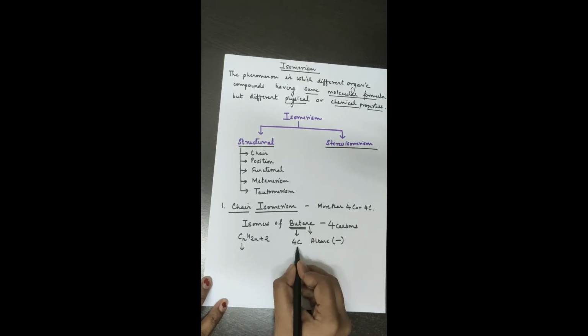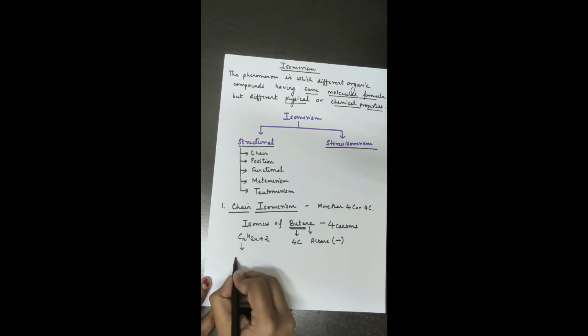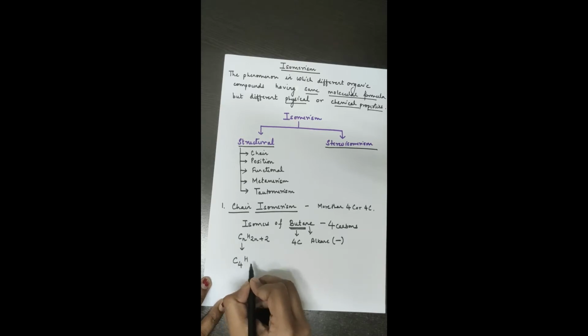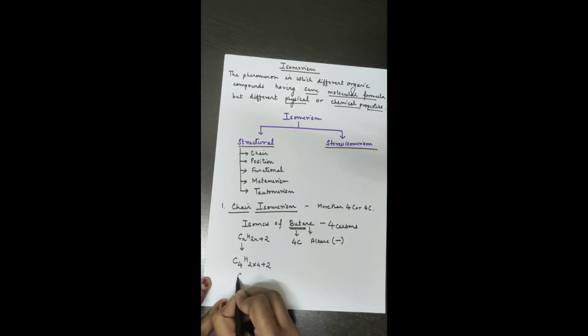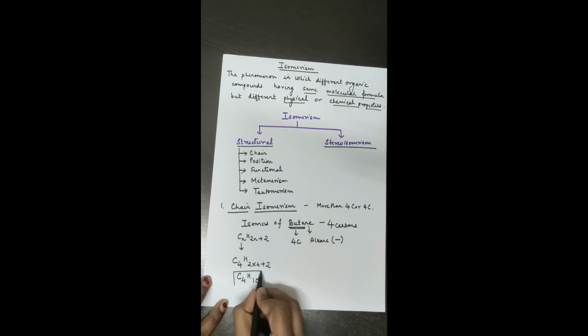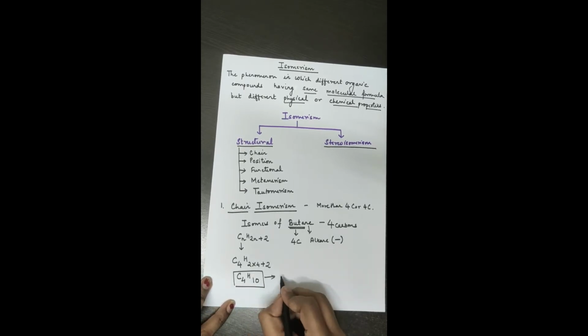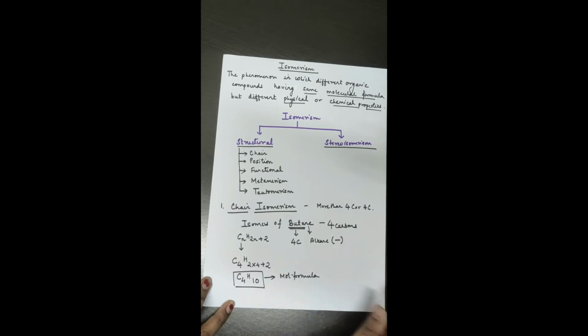When we are talking about but, how many carbons are there? C4H, 2 into 4 plus 2, right? So total how many hydrogens do you have? C4H10. So this is the molecular formula for butane. Now let's see how many isomers are possible for butane.